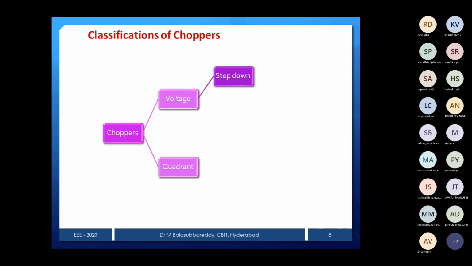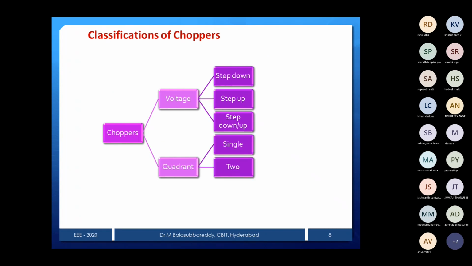Now classifications. We can see other classifications, step up, step down and quadrant, all these things I mentioned, based on the voltage and based on the quadrant operation. Based on voltage, you can say step down, step up, up and down, and based on quadrant operation, single quadrant, two quadrant and four quadrant.